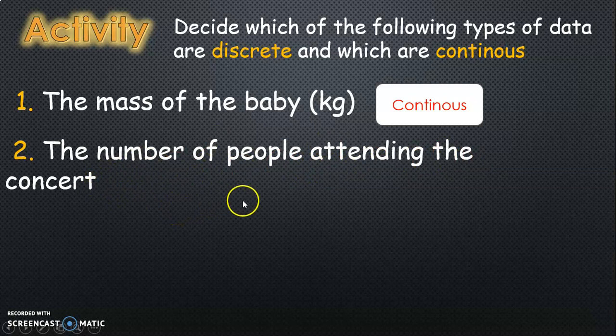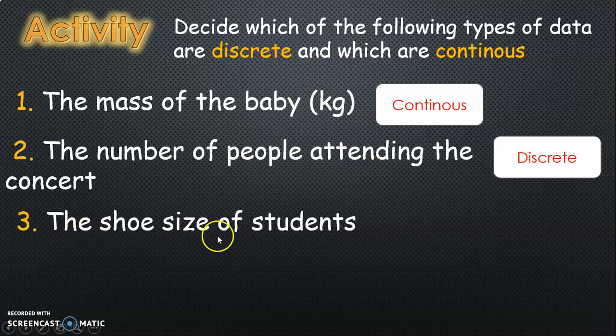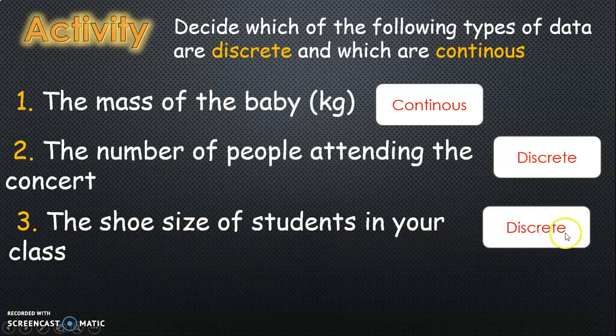So it is obviously discrete data. The next one is the shoe size of students in your class. Obviously, they didn't give any unit. How do we know the size of students in your class? We need to give a specific value. So this is also what we call discrete data.